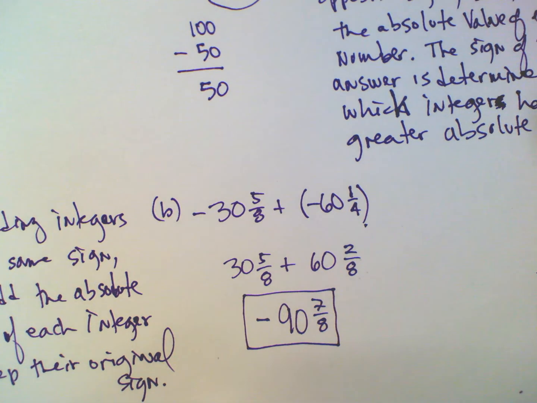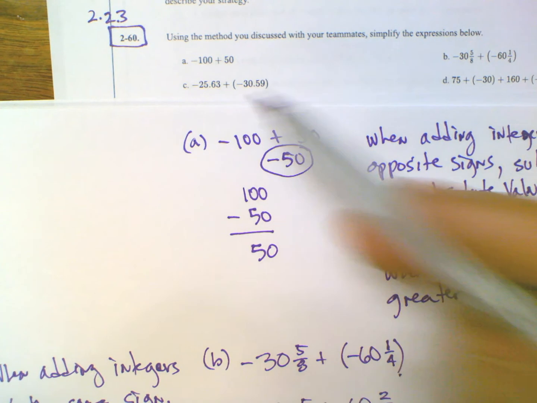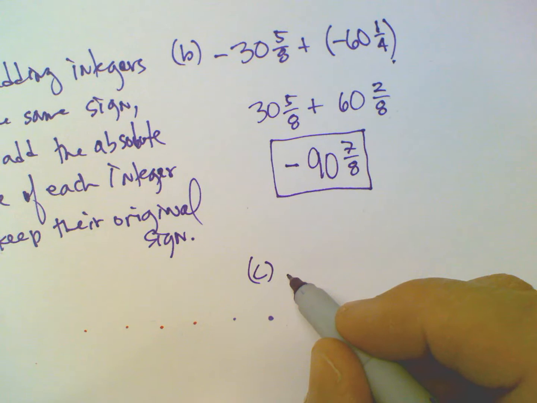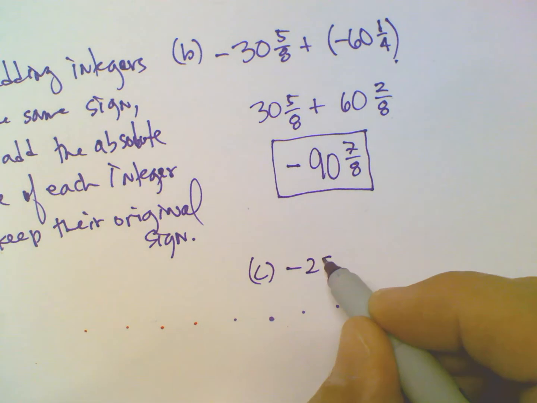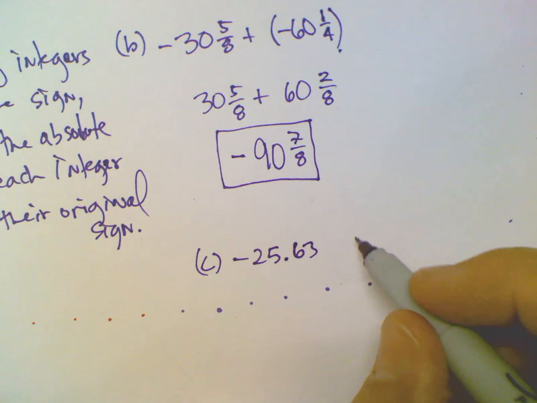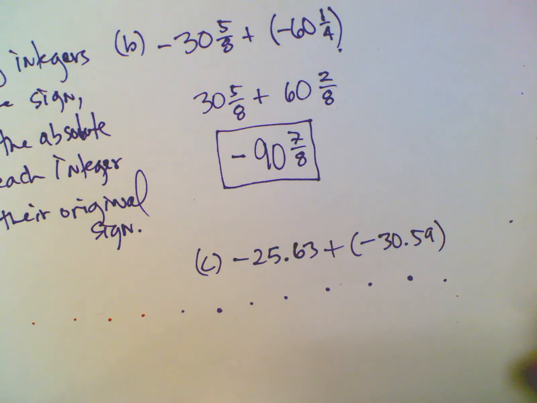Okay, let's look at C. C is negative 25.63, or negative 25 and 63 hundredths, plus negative 30 and 59 hundredths.